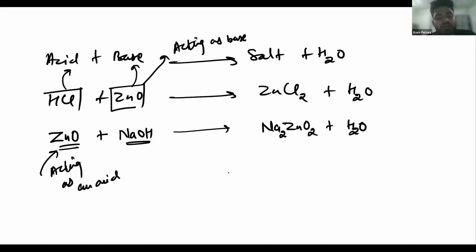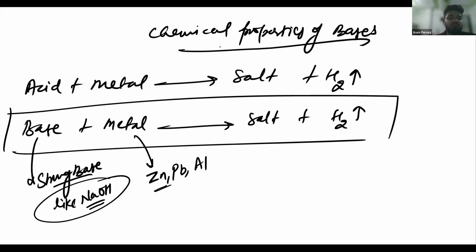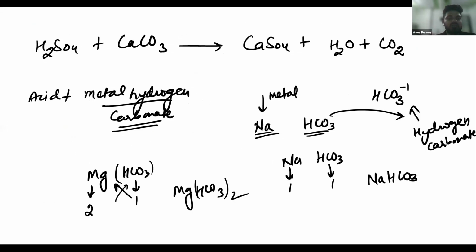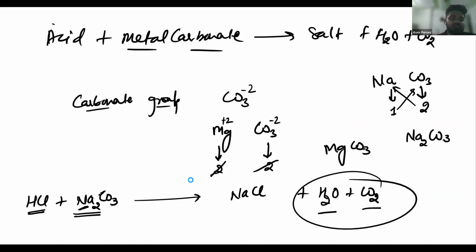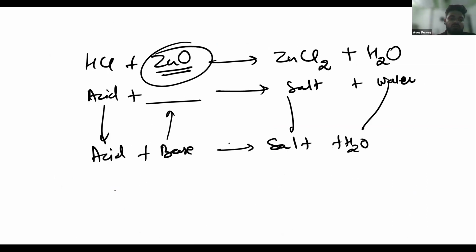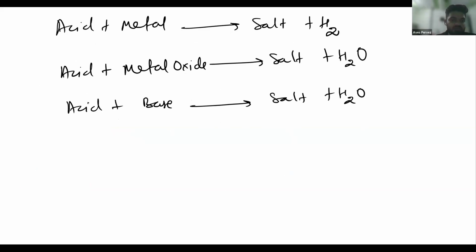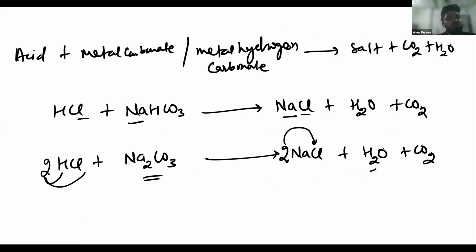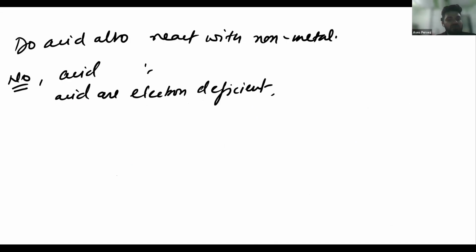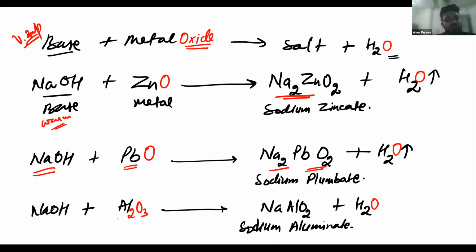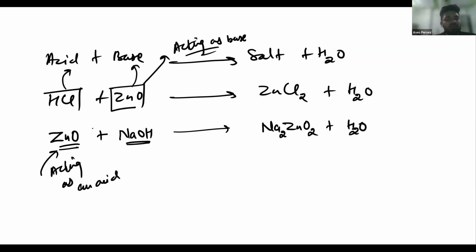Now you see that metal oxides are generally basic in nature. I asked you to write this statement in the initial stage when I started the class. Note down that metal oxides are generally basic in nature. That's why I say generally, because some metal oxides also show acidic behavior, like ZnO and PbO.